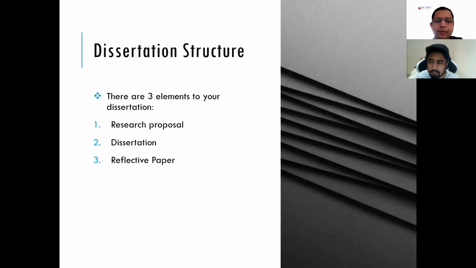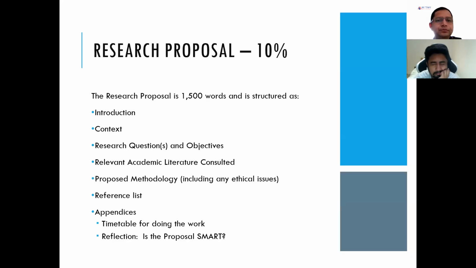A reflective log is kind of your overall reflection. It also contains 10% of marks. So reflective paper 10%, proposal 10%, and your dissertation is 80%. That's how your 100% grading for your dissertation works.